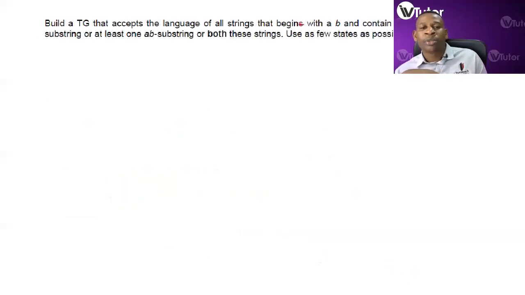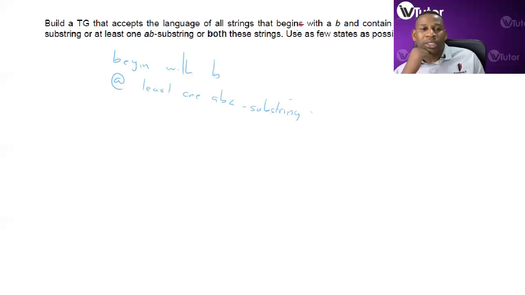Build a TG that accepts the language of all strings that begin with a B and contain at least one ABA substring, or at least one AB substring.